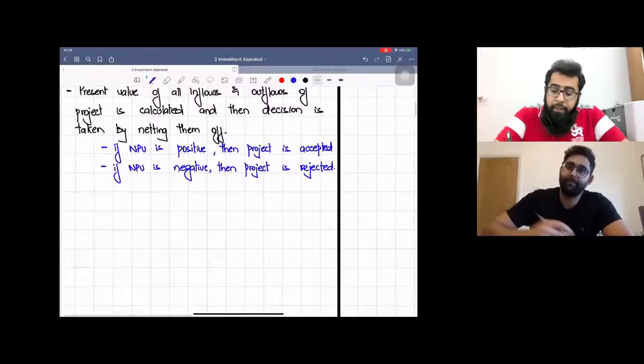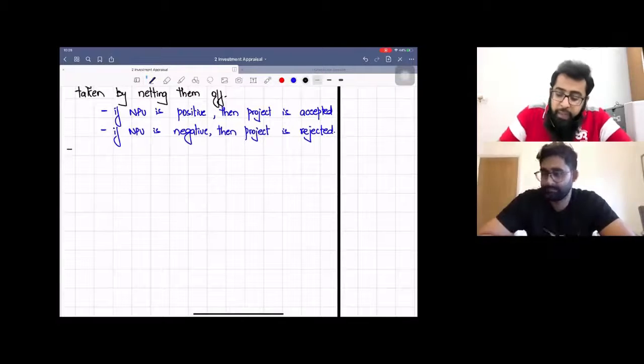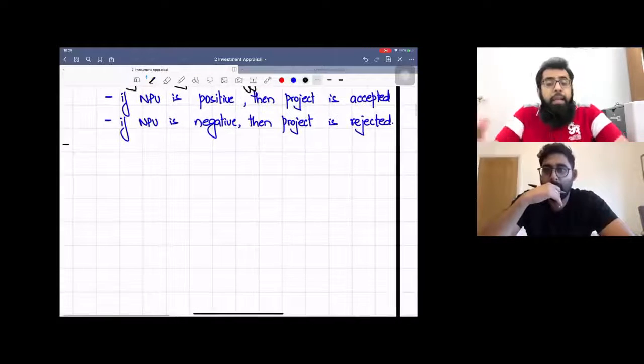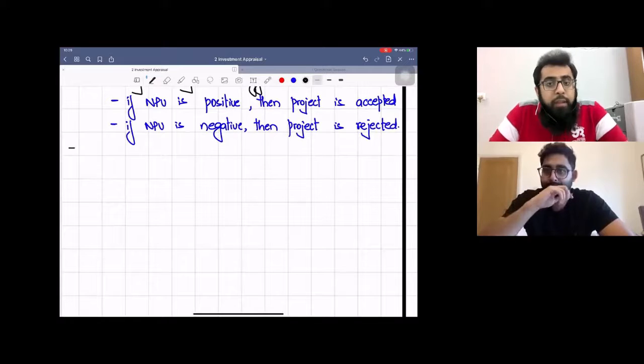Then you must remember that only relevant cash flows are considered, which are relevant to the project. Sunk cost of the project is not considered.